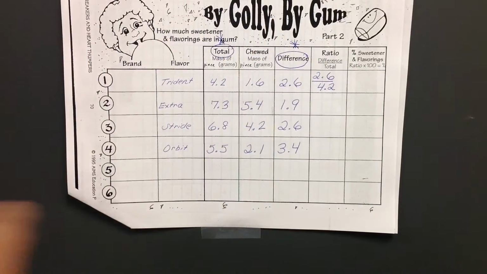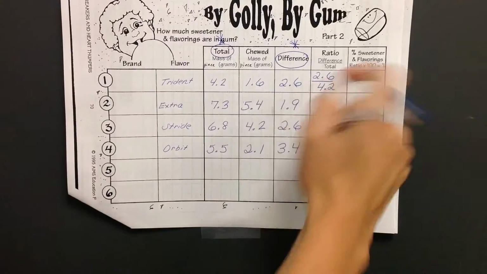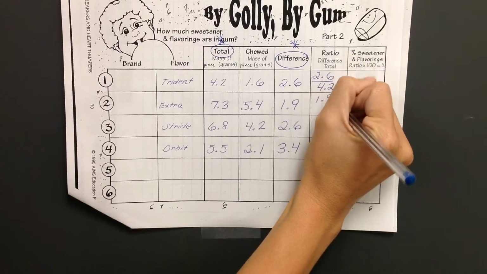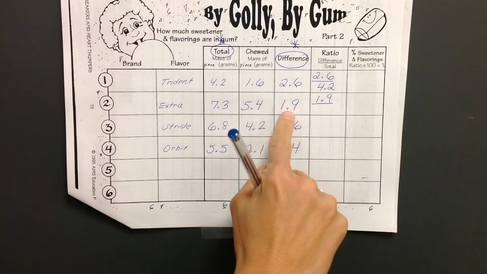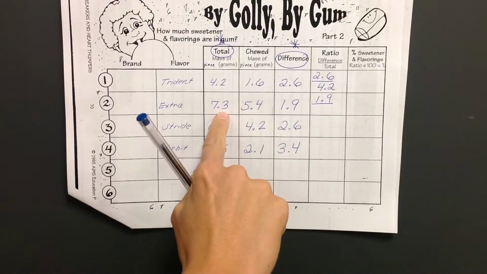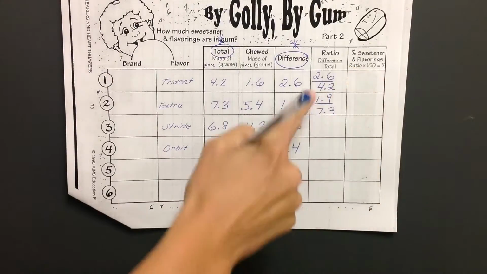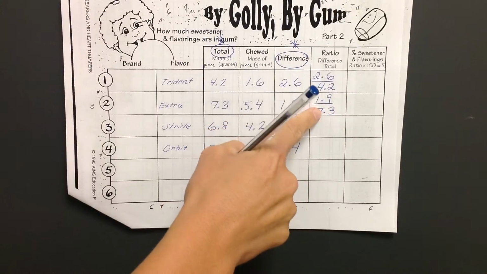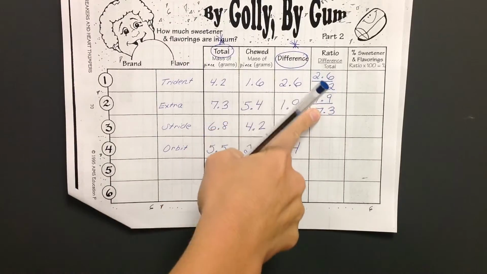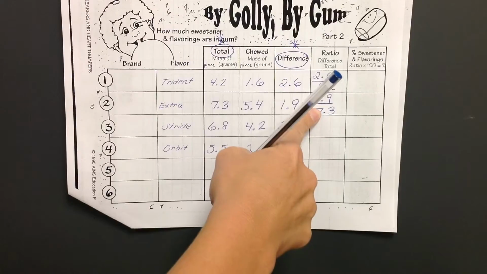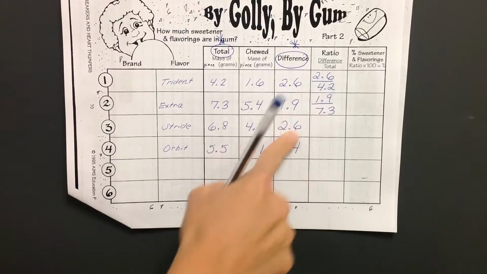Let me do another one. 1.9 is the difference over our beginning mass, which is 7.3. So difference over the whole, because our beginning mass really was the whole gum before the mass decreased.